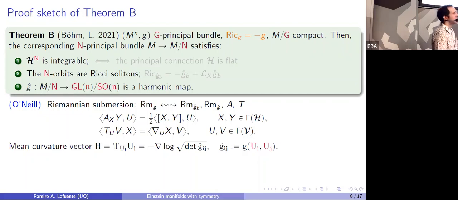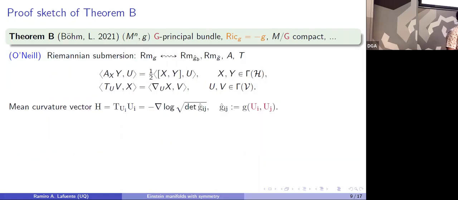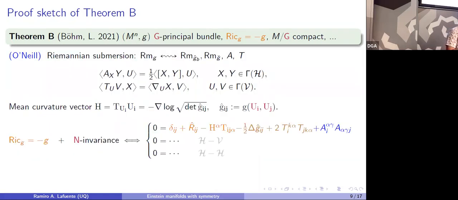And that gives you a potential for the mean curvature vector, right? So then the Einstein equation becomes a set of PDEs. The first one corresponds to the vertical part. Ricci you should think of as a matrix, right? As vertical, horizontal. So there's a 2x2 block matrix. This is a vertical part, this is an off-diagonal one, and this is a horizontal one.